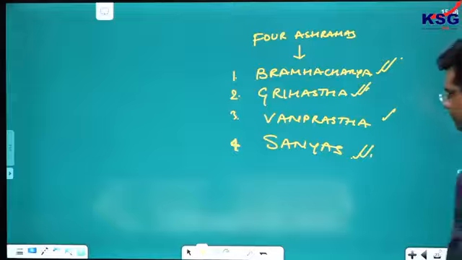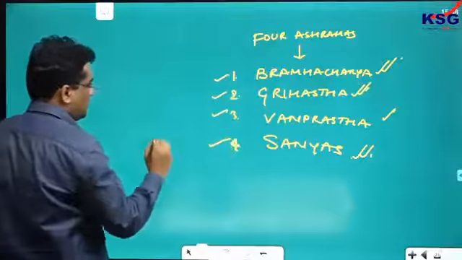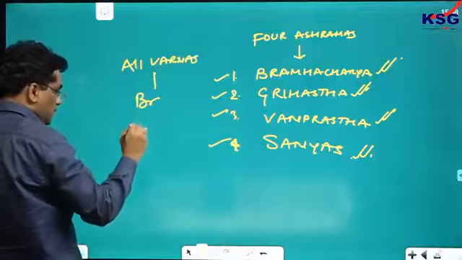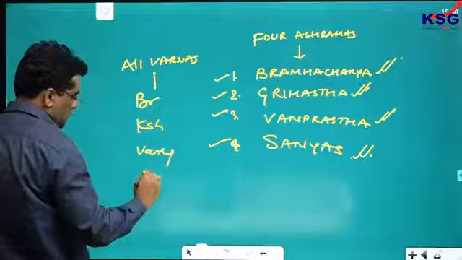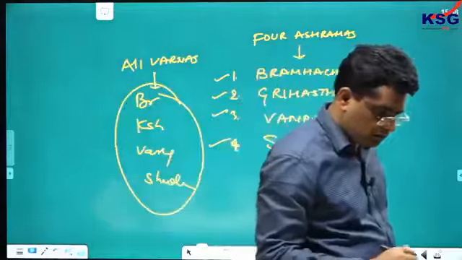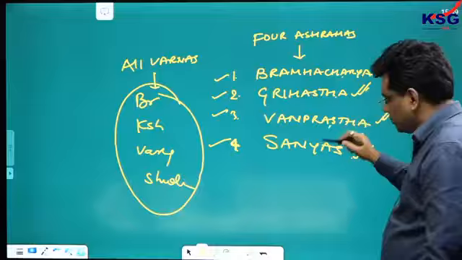That is for all varnas: Brahman, Kshatriya, Vaishya and Sudra all had to follow these 4 classifications.